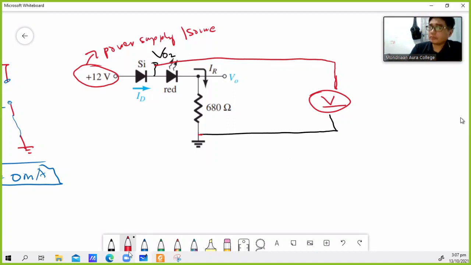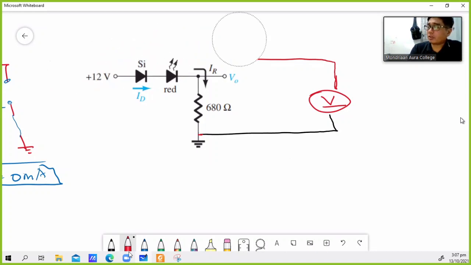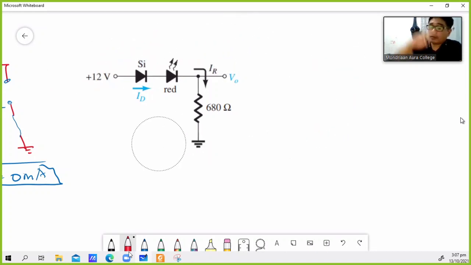Okay. So let us draw the equivalent circuit of this one para mas visualize natin and makapag-KVL tayo. So yung 12 volts na yan, pwede naman natin gawin siyang ganito. So equivalent niya, ganito pa rin. So meron kang 12 volts yan. So tanggalin na lang natin to para hindi tayo malito.